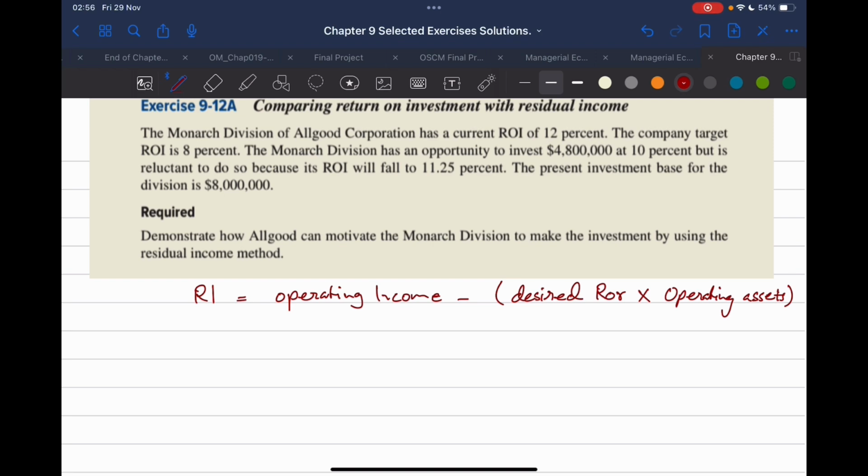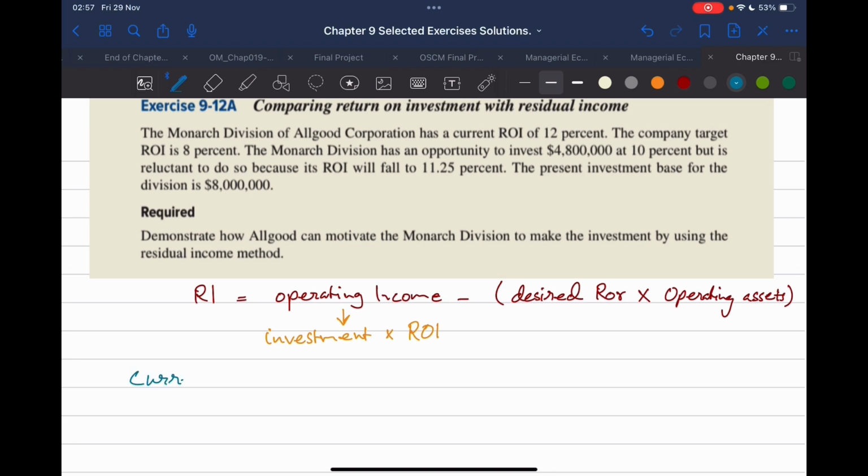We're going to adjust that a little bit for this exercise because here we don't have the operating income directly, but we can still figure it out, because it is going to be equal to the investment base for the company multiplied by the return on investment for that particular division. So knowing this, let's see what we can do here.